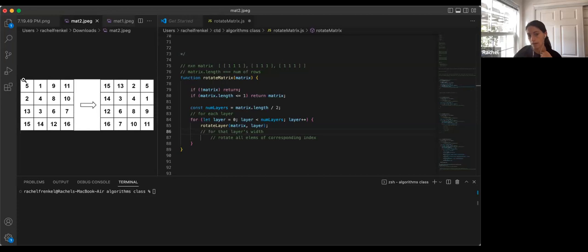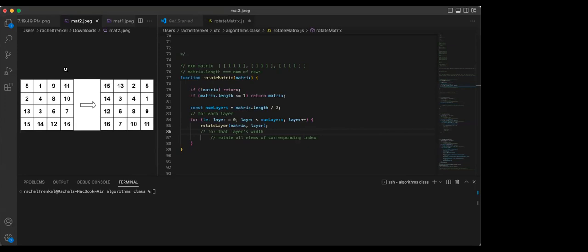It's starting at layer. So here our layer is 0. Here our layer is 1. So starting at the layer number. And it's ending at the length minus 1 minus the layer number to get us here. We're inset by 1. Here we're starting at 1 and 2. Here we're starting at 0 and 3. Does that make sense?